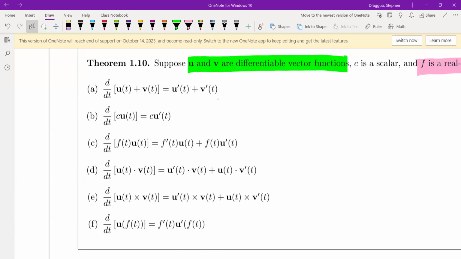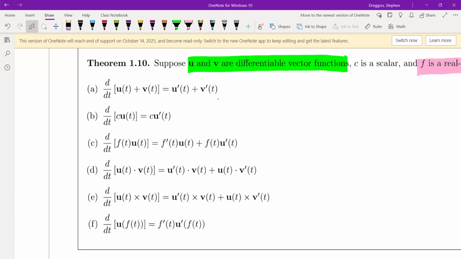But as far as the order of when you do the derivatives, I think that could go either way, because we do have the commutative property that says I could reverse the order of addition and it would still be fine. Just make sure that if you're doing the derivative of U cross V, U gets listed first each time in the cross product and V gets listed second each time.